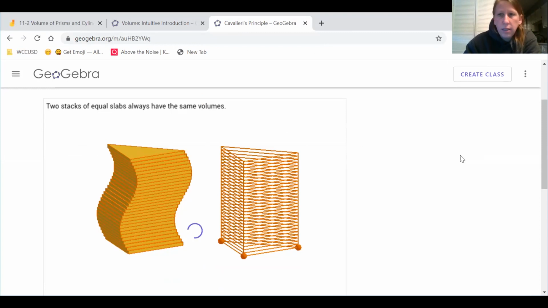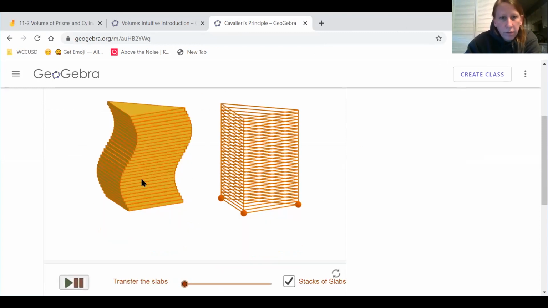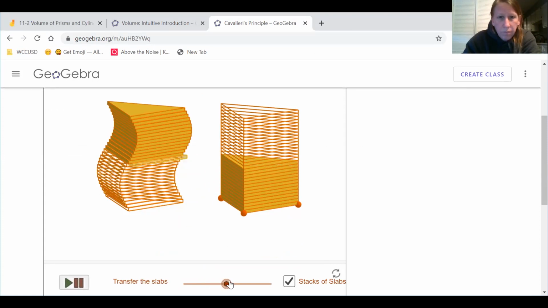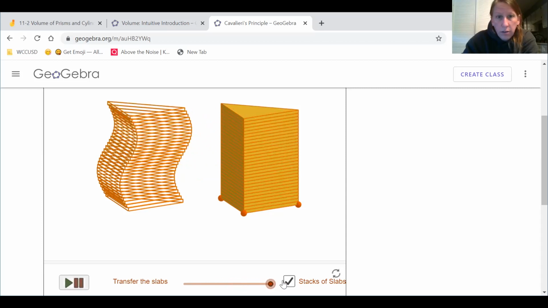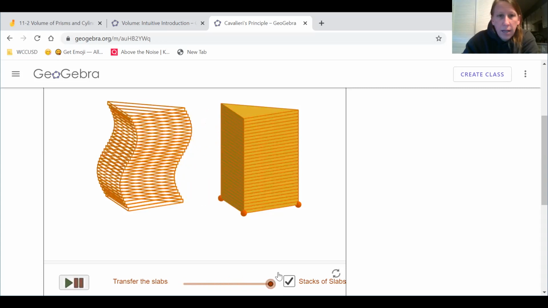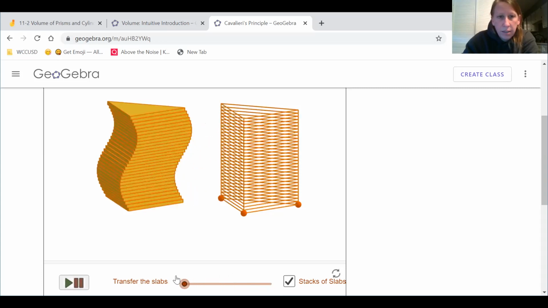He said that both of these stacks have the same volume. And you can show that by sliding over each slice of the wiggly one. You can see that exactly, as long as they're the same height and they have the same base area, it doesn't matter if it looks all wiggly.